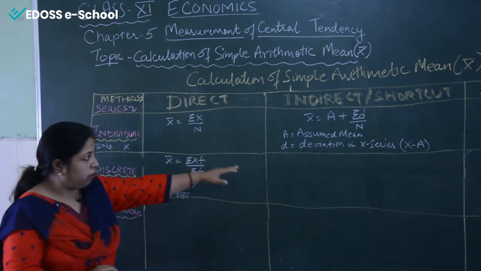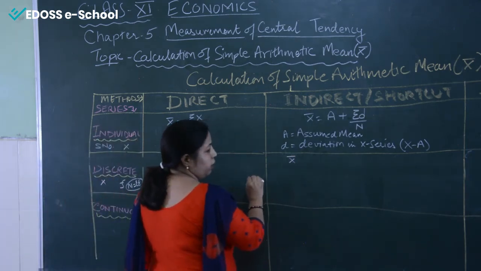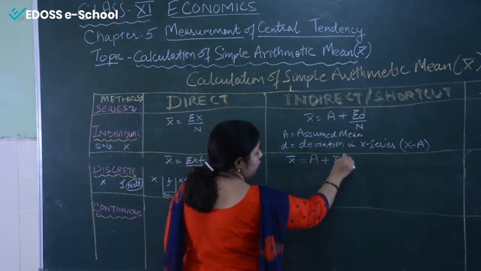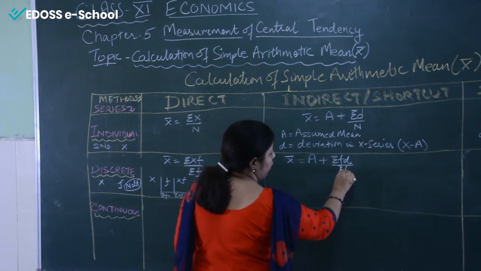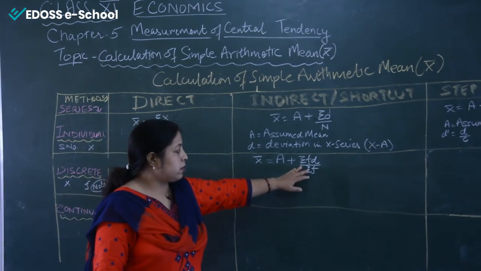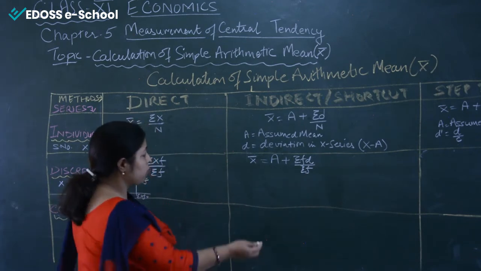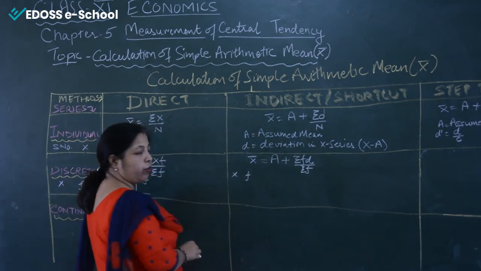Coming on to the indirect method. To calculate mean under the indirect method, the formula is A plus summation FD upon summation F. So here also the same formula we will use. Here X and F are given to you.